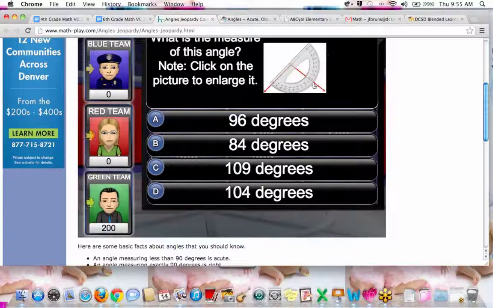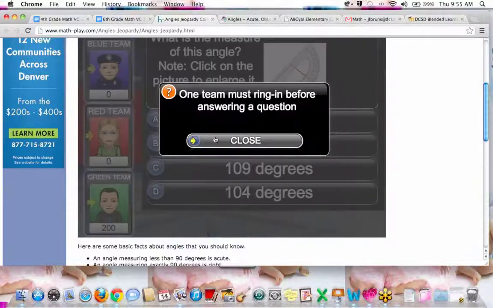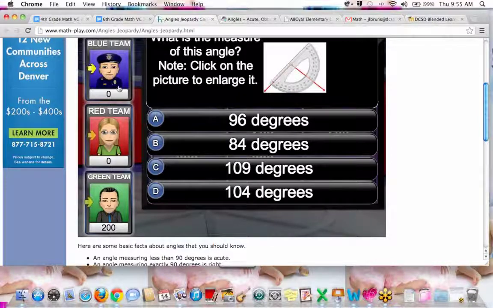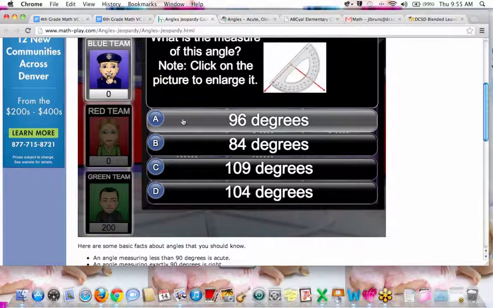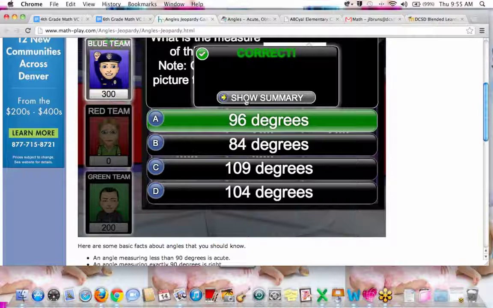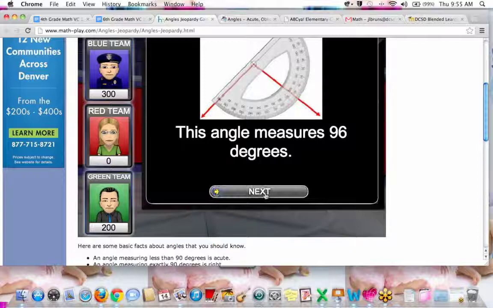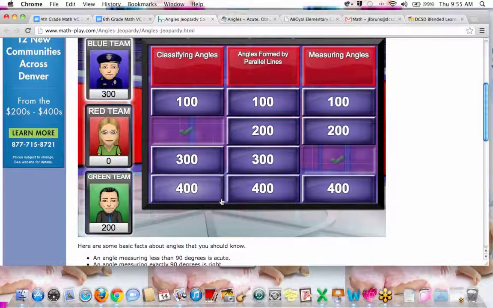Looks like it's slightly bigger than 90 degrees. So which one would be your best answer, Jack? 96. Probably so. Oh, I had to ring in. Sorry. Yay! Yeah, it's kind of hard to see those pictures, but it was slightly bigger. All right. Go ahead and choose a category for us.